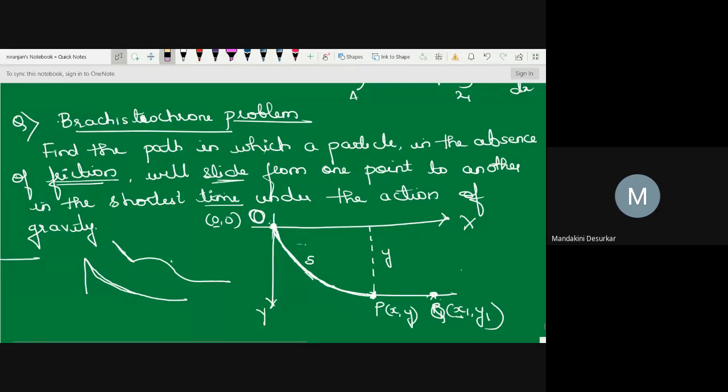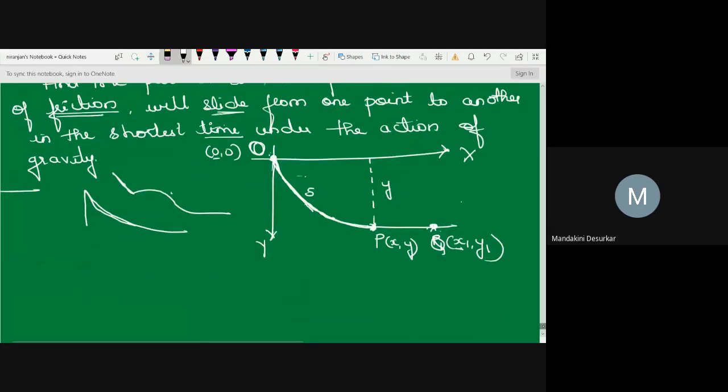So how should I start? One more thing, once we are considering all this, a very important point is that the particle is going to slide from O to P, so it is moving. Now what type of energy do we have over here? What type of energy do you expect when it's moving?